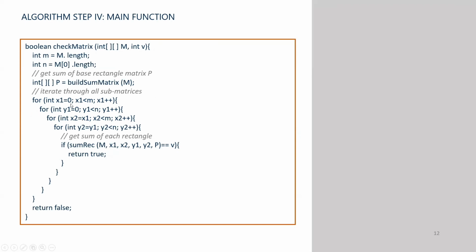For x1 from 0 to M, y1 from 0 to N, x2 from x1 to M, y2 from y1 to N. Then we get sum of each rectangle by calling this sumRec function. If this one equals V, we return true. Otherwise, go back to next loop. Then after the whole thing iterated, nothing found, will return false.